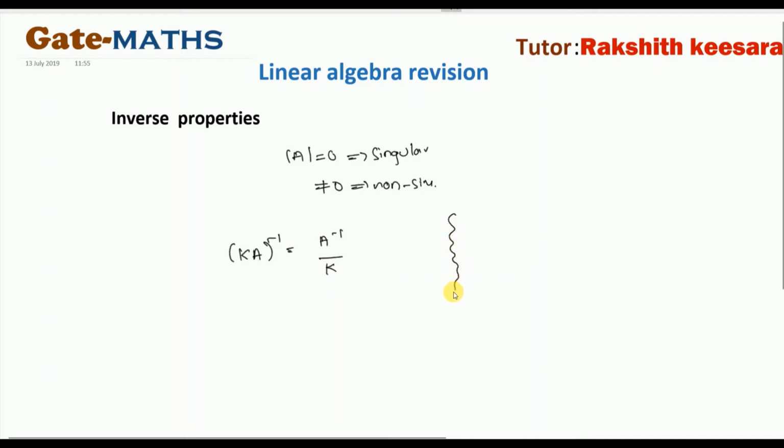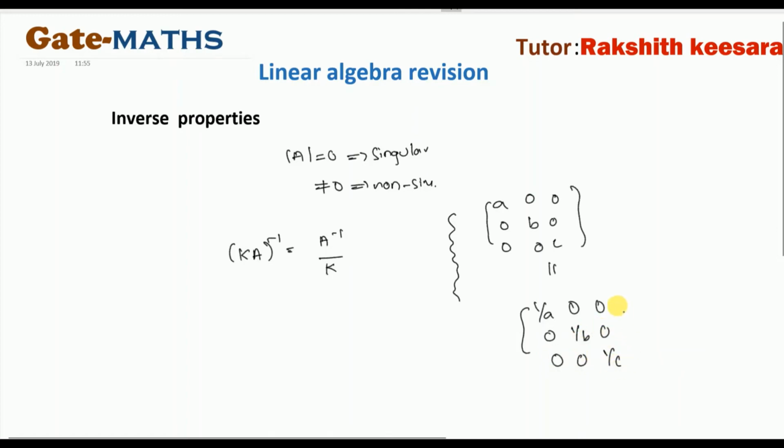If you see the inverse of a diagonal matrix like A, B, C, this will be equal to 1 by A, 1 by B, 1 by C. Remember this property, provided that det A is not equal to 0.